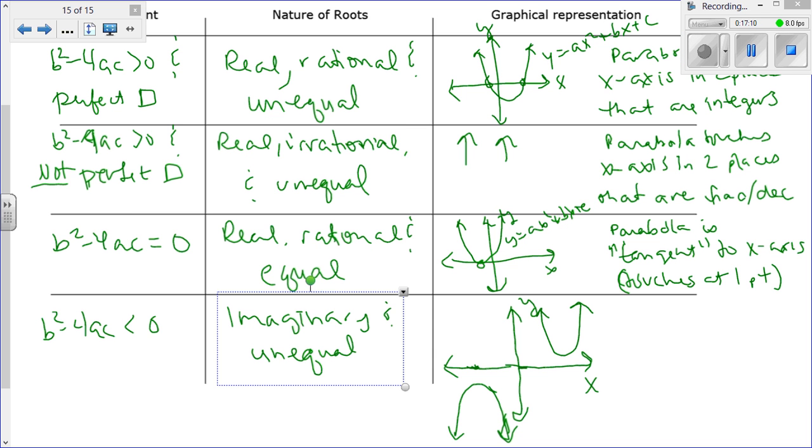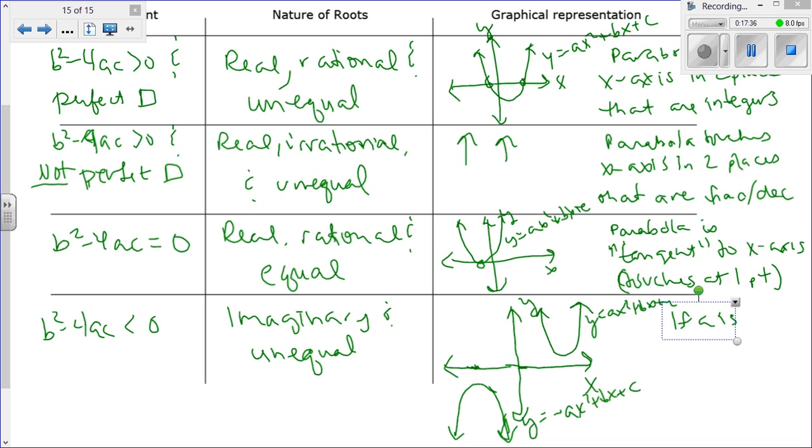Okay, and this one would be y equals ax squared plus bx plus c, and this one would be y equals negative ax squared plus bx plus c. So if a is positive, the parabola is above the x-axis.